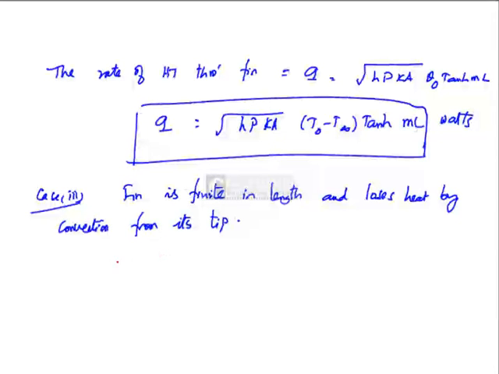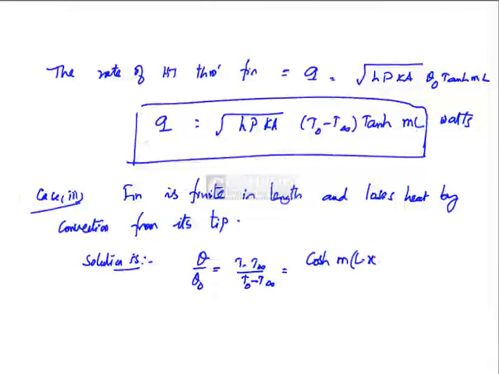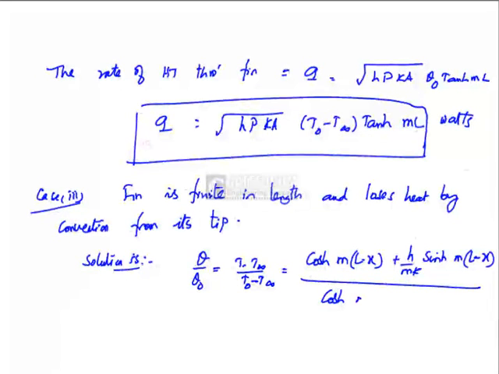In such case, the solution is theta by theta naught is equal to T minus T infinity divided by T naught minus T infinity is equal to cosh m(L minus x) plus h by mk into sinh m(L minus x) divided by cosh mL plus h by mk into sinh mL.